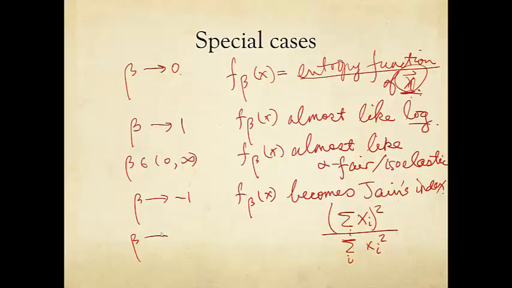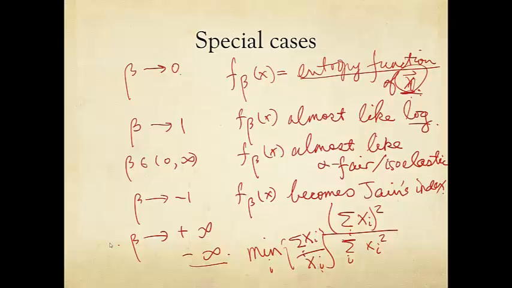And as beta goes to either positive infinity or minus infinity, then you simply get the max ratio or the min ratio. Okay, as beta goes to minus infinity, you're basically looking at f being simply the smallest among all the n entries of the ratio.